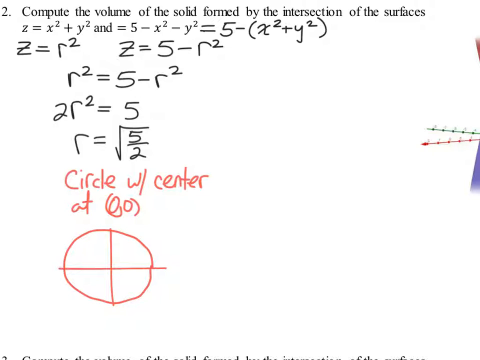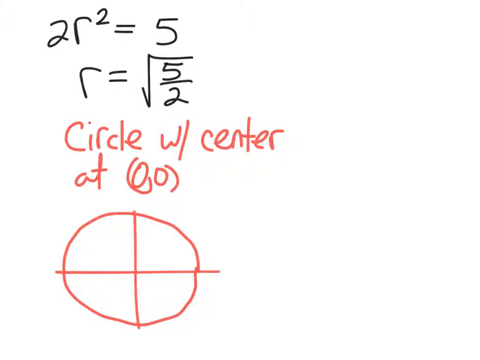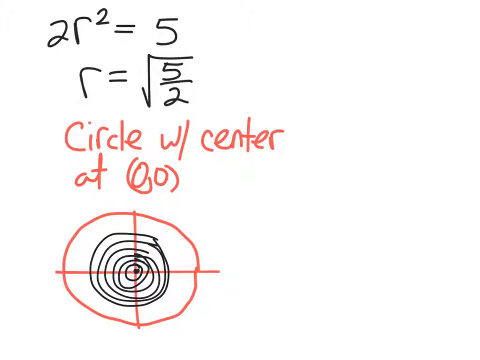If I'm going to be bounded with this base area, that's really good news because I'm looking at an entire circular region, which means that if I want to cover this region with circles, I would start with a circle with radius 0 and then increase outward until I got to a radius of root 5 over 2. Oh man, this is spiraling out of control.